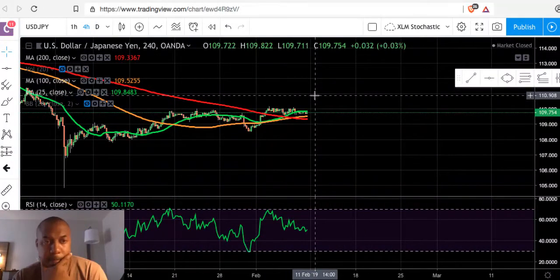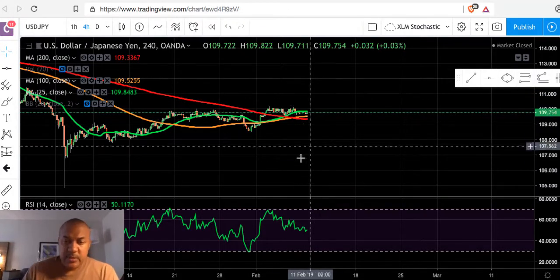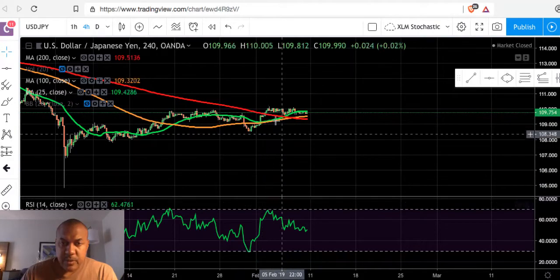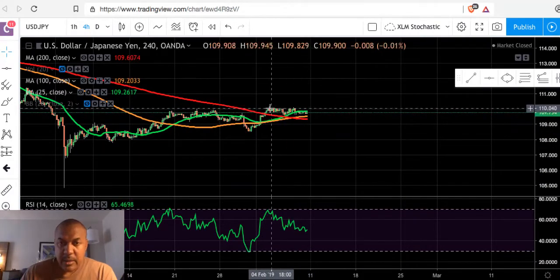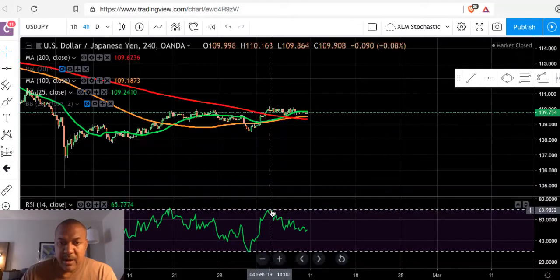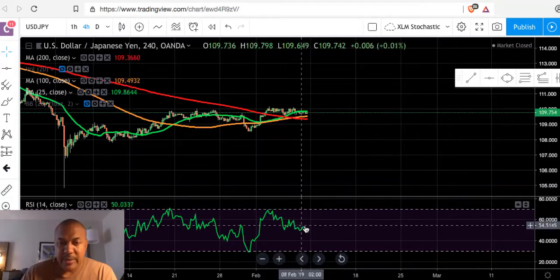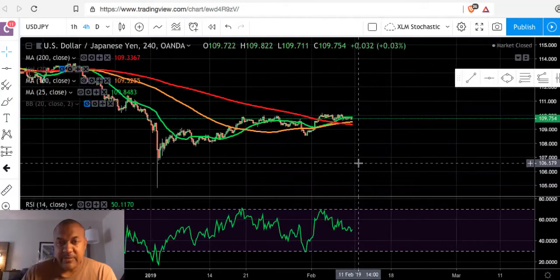So let's see. USD Japanese yen. Okay, so as we can see here, we're having sideways movement in the candles, but the RSI is steadily going down. Once again, that's another example of divergence.